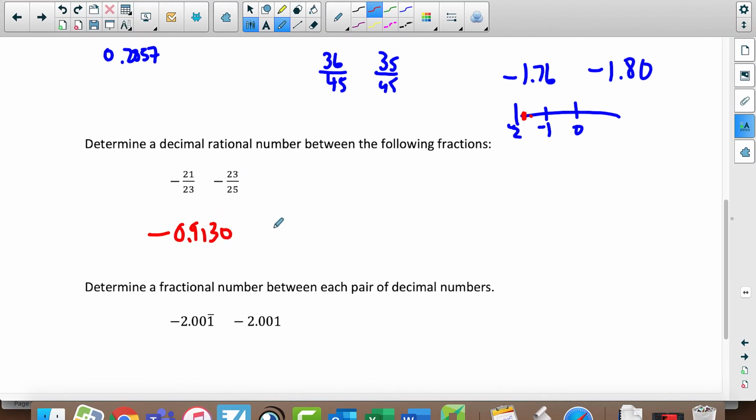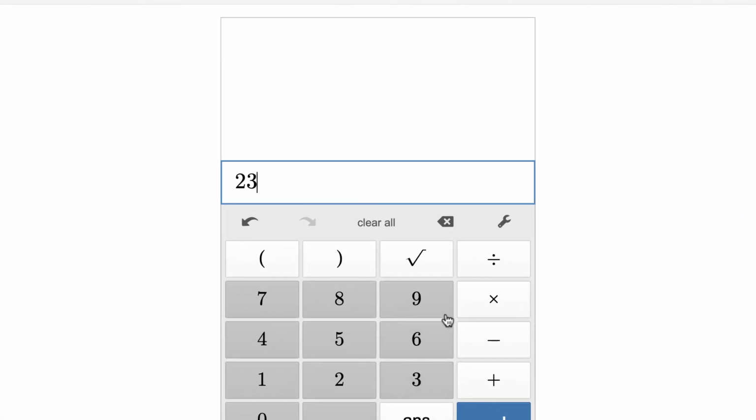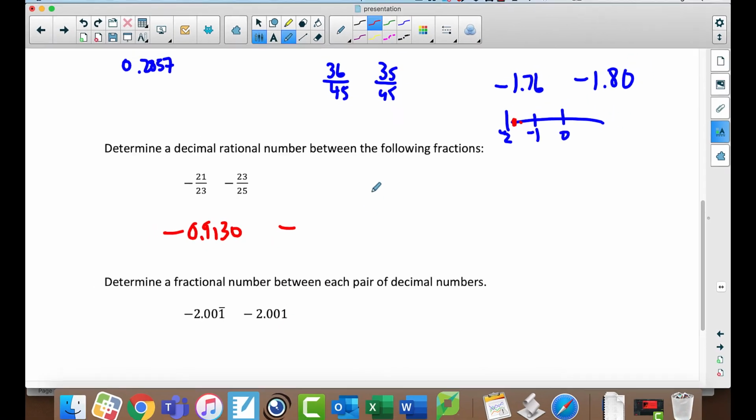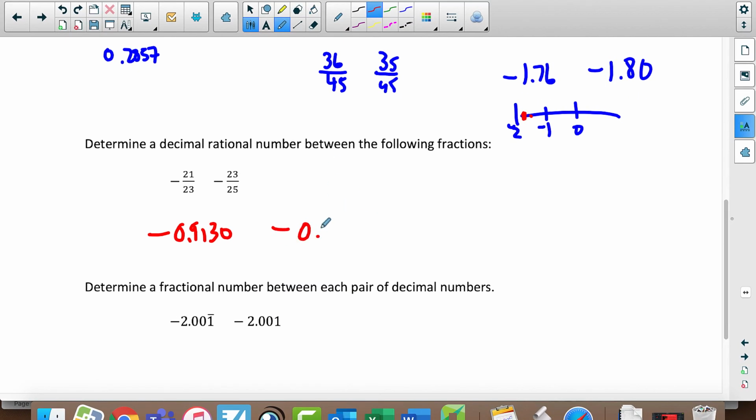And then for this one, it's also negative 23 divided by 25. 23 divided by 25. 0.92. So this is negative 0.91. This is negative 0.92. This is a bigger negative, isn't it? This one's a bigger negative, which means it's smaller. So the bigger one is this one.